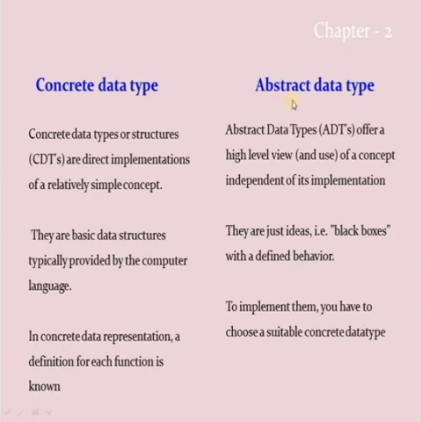So to build the abstract data type, I should know the concrete data type, that are the basic structures provided by the computer language. If I am using C++ I should know about C++. As our syllabus is for Python, here we are going to discuss what is in Python regarding the concrete data types. Why we are learning the concrete data type means based on this only we are going to build our abstract data type.